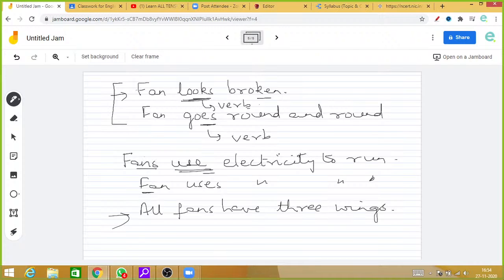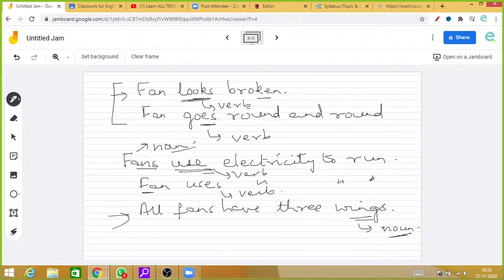Which is the verb here? Ma'am, fan. Fan is the noun. Which is the verb? Like here, use is the verb. Uses is the verb. Goes. Wings is also a part of the fan, so that is also a noun only, name of a part.